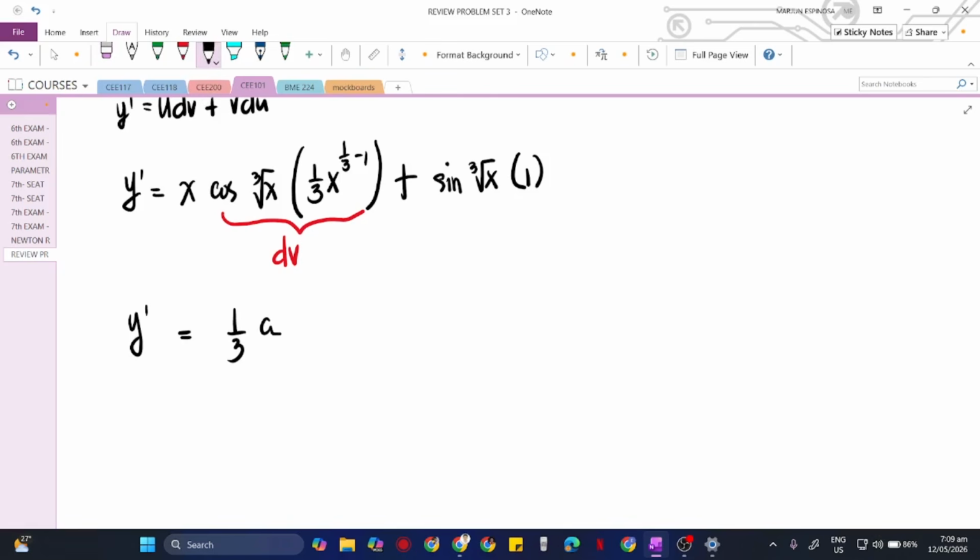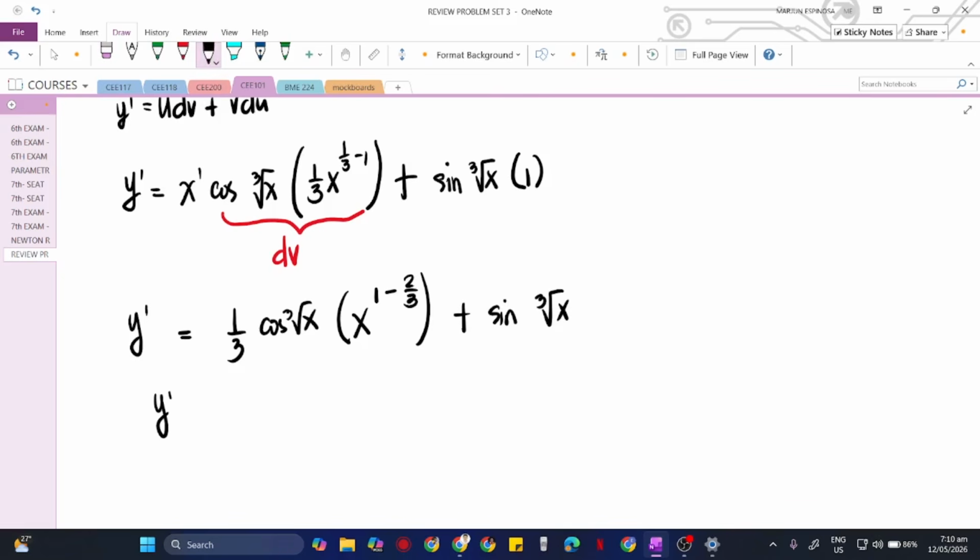Of cosine cube root of x. Okay, so x to the power of 1/3 minus 1. Ito magiging negative 2/3. Tapos meron pa tayong 1 dito. So therefore x, okay, x to 1 minus 2/3 yan, no? Plus, copy lang natin to sa sine cube root of x.